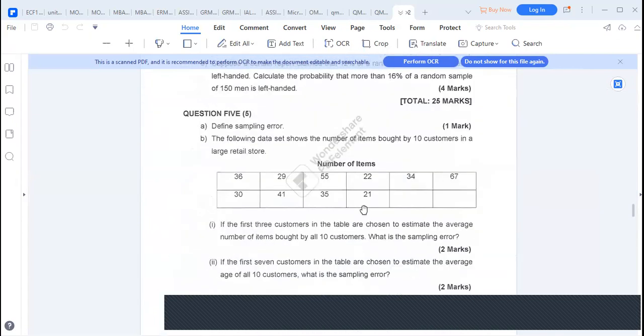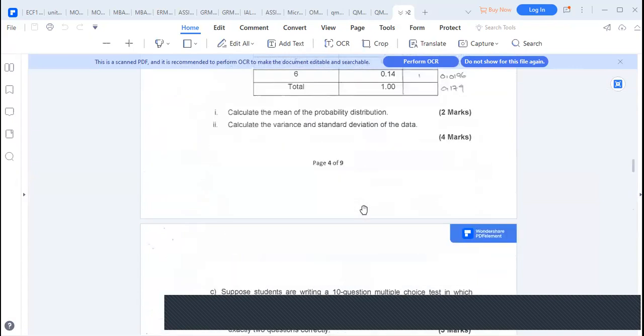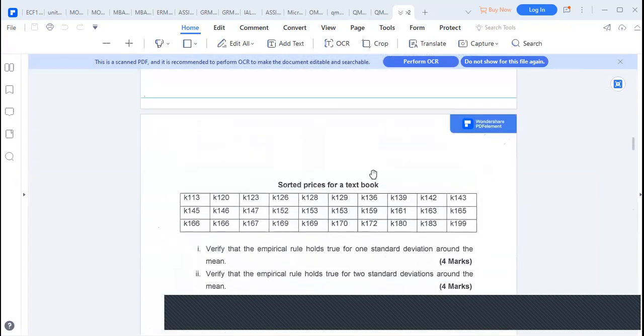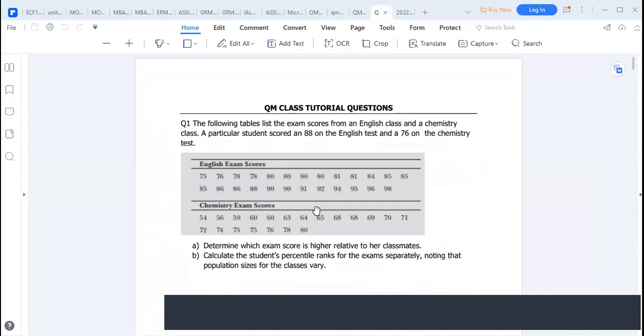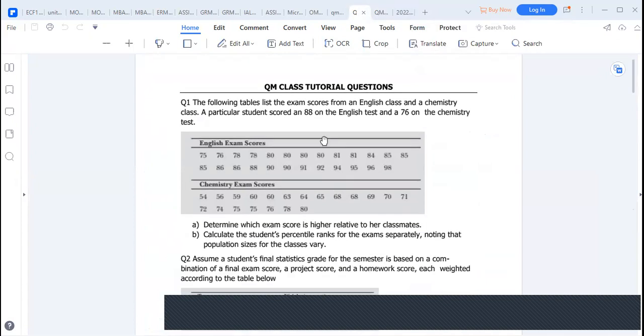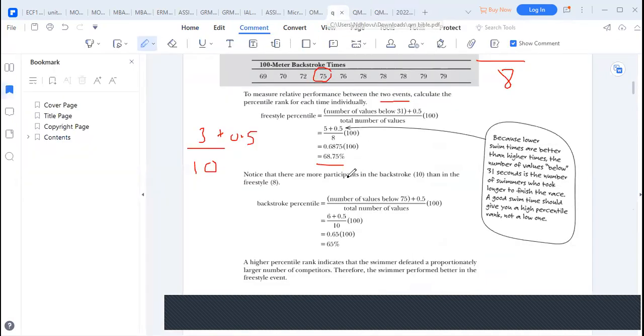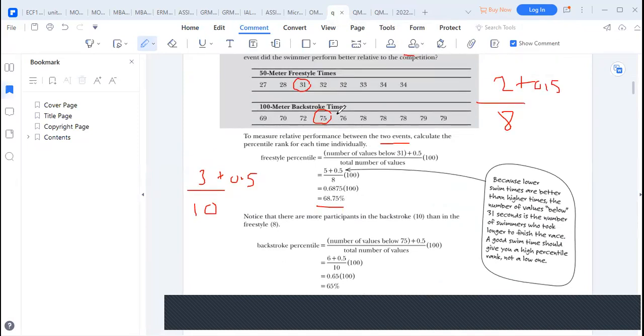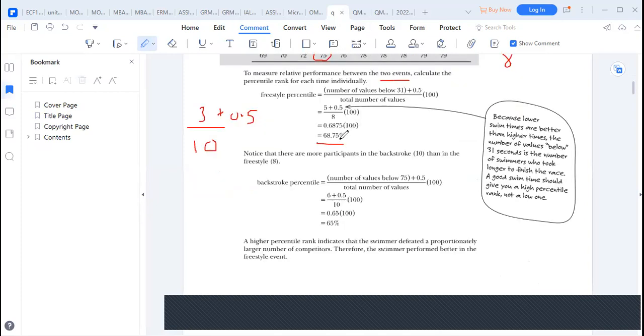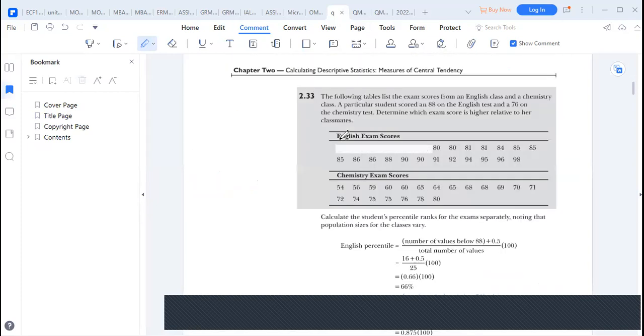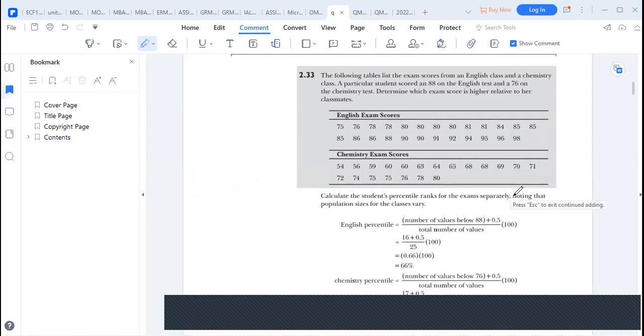Empirical rule is something else, right? When we reach the empirical rule, I'll discuss this one. It also came from there. This came in the test, not on the exam.